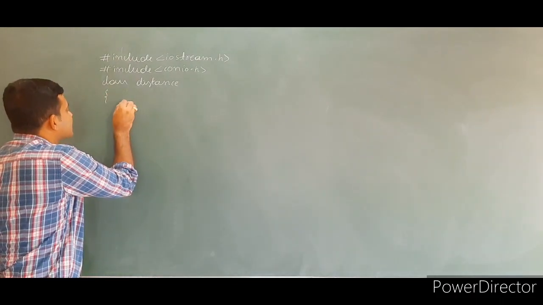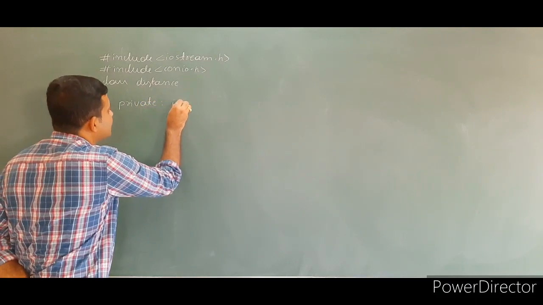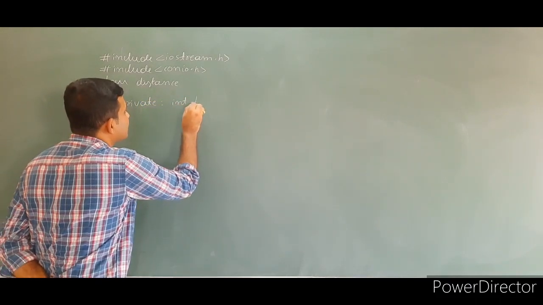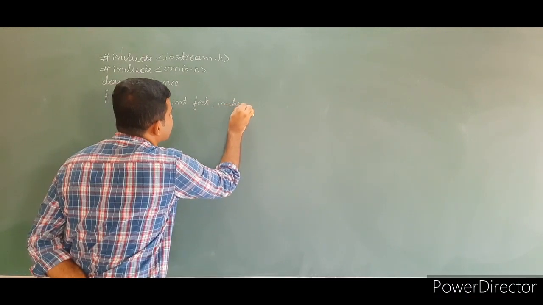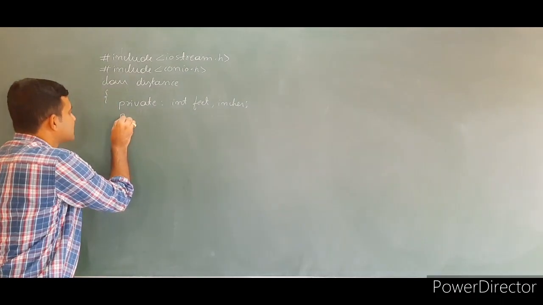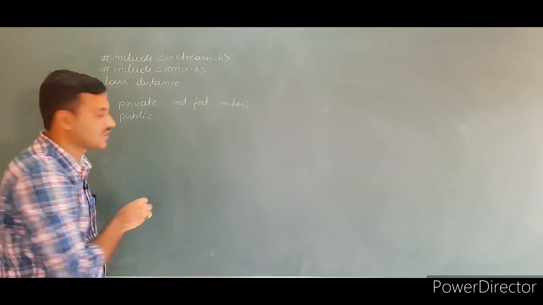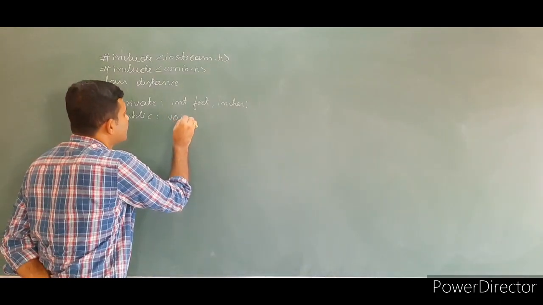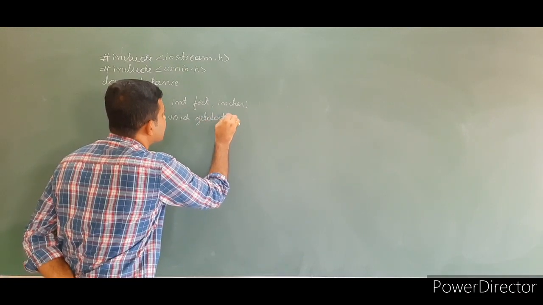Under the private section, under integer data type, we declare feet and inches. These are the two member data. Then under the public section, we declare void get data. It is a member function.